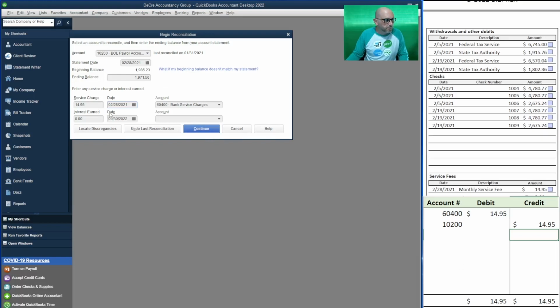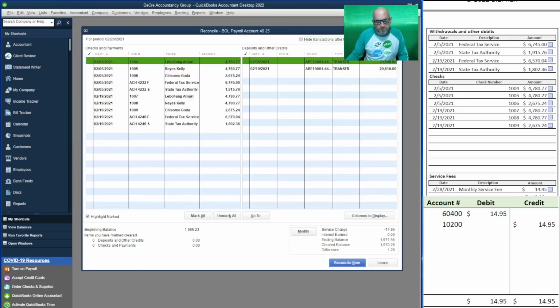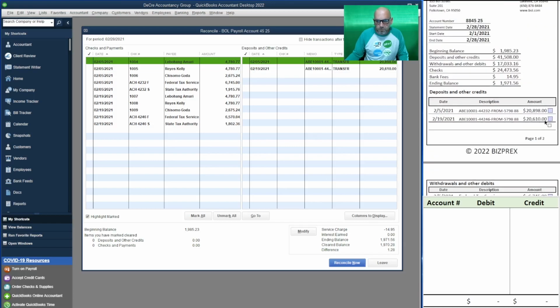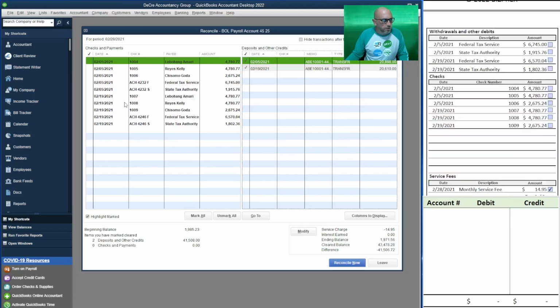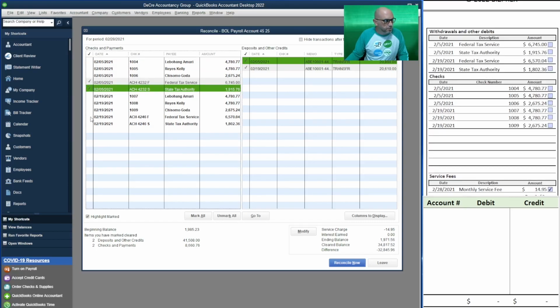Okay, let's continue. Continue. There it is. This is our 1495 right here. We have our deposits right here. And we have our payments for tax right here.